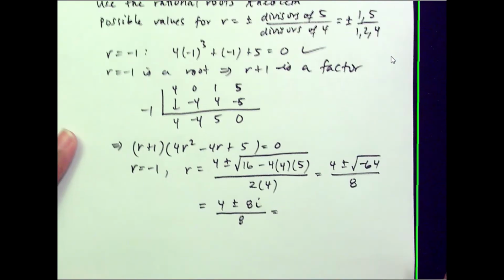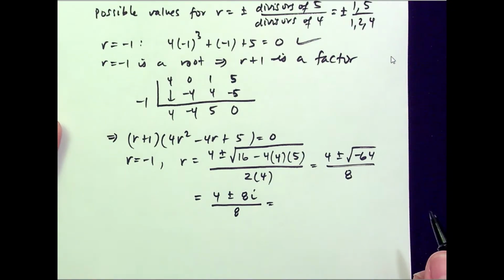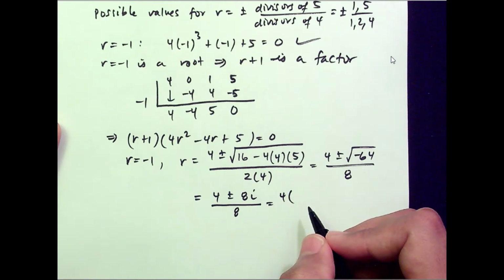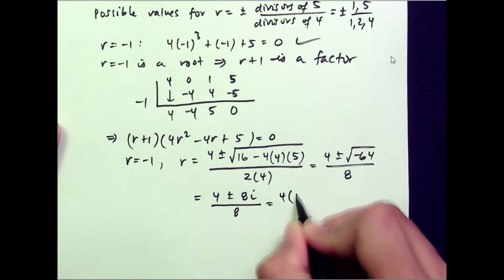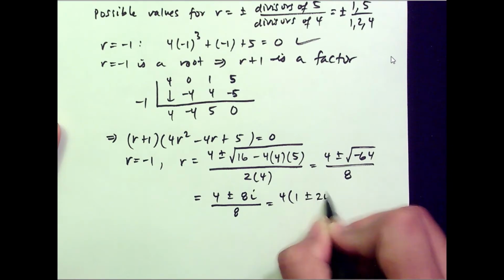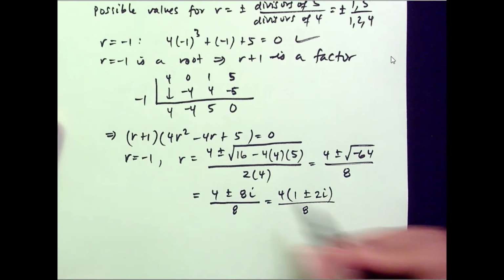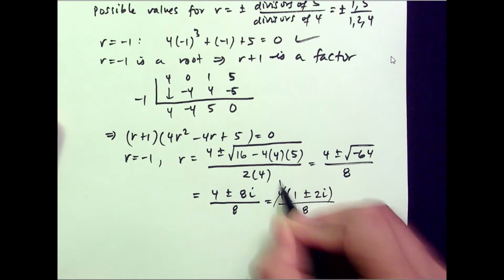And then to simplify this further, we need to factor. You can factor out a 4 from the top. Remember, you cannot cancel until you factor. This is 1 plus or minus 2i over 8. And now we can cancel the 8 and the 4. So that gives me 1, and that gives me 2.